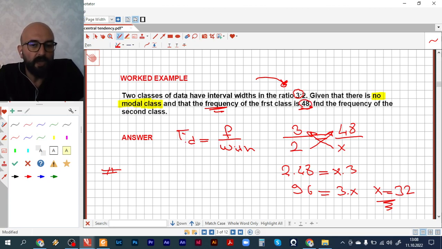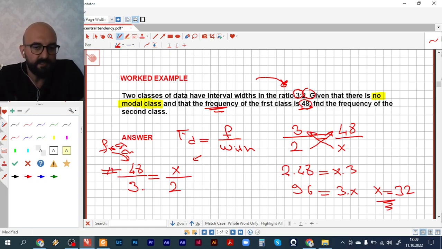So frequency density is frequency over width, 48 over 3 equals the frequency density of the second class, with interval width 2 and frequency x over width 2.